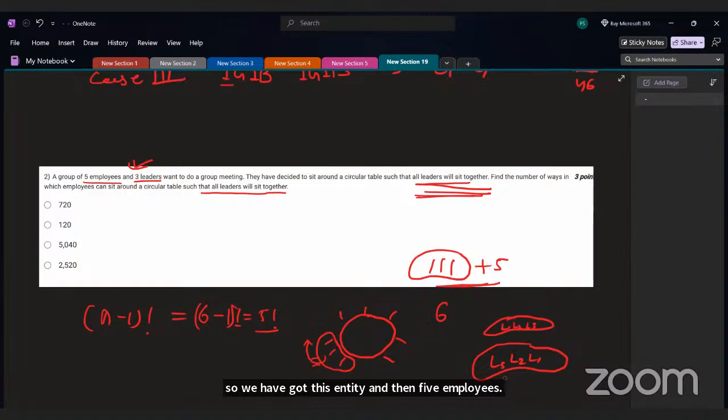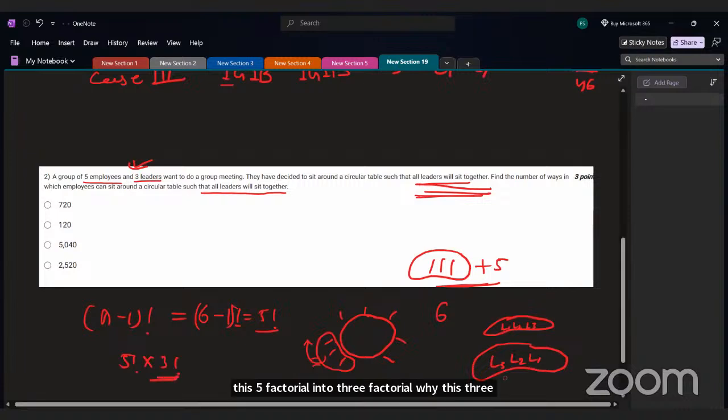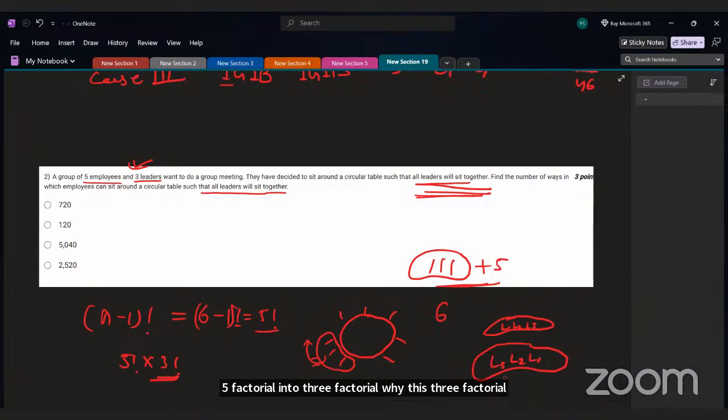Yeah, sir, got it. Okay, and now we will multiply this 5 factorial into 3 factorial. Why this 3 factorial? Because of the internal arrangement. We are treating this as a single entity, but within them, the constraint we have is that leader 1, leader 2, and leader 3 should sit together.